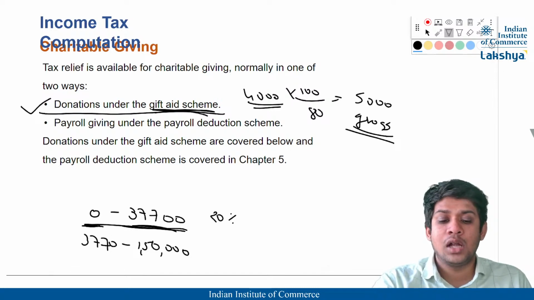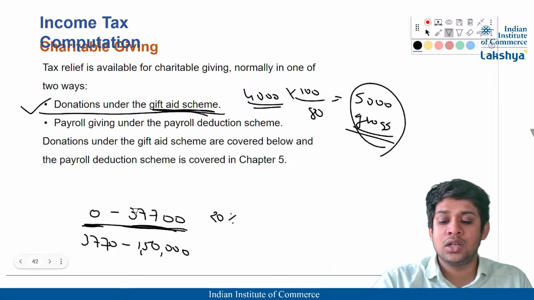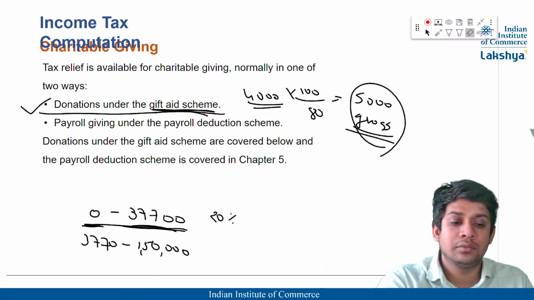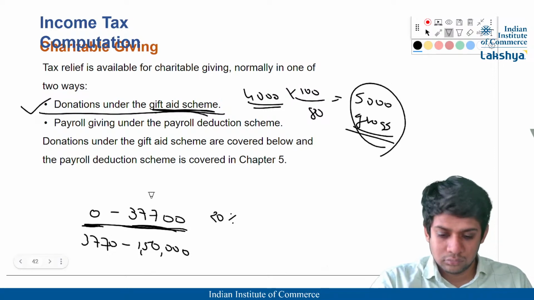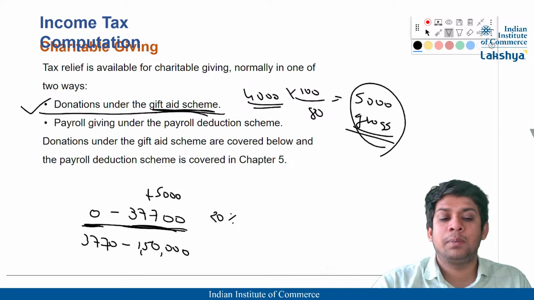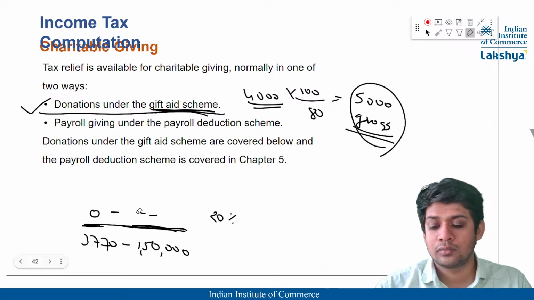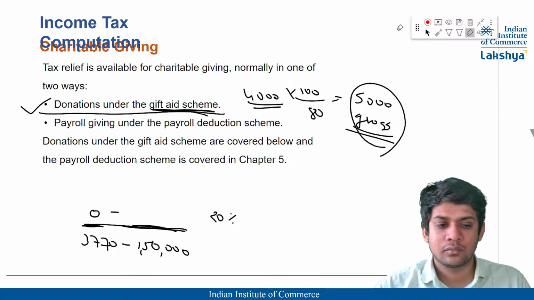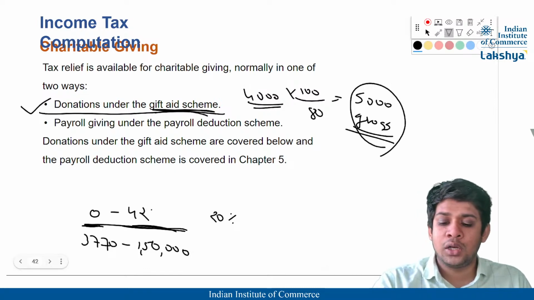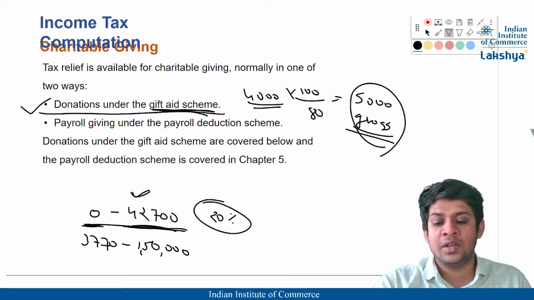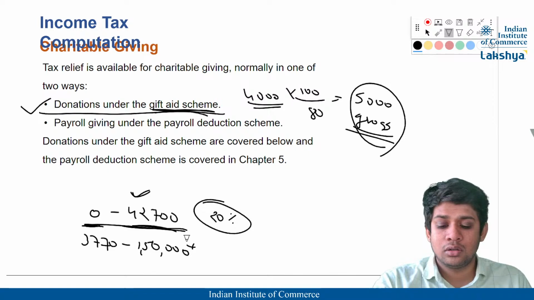But now I will extend this band by 5,000, that is my gross donation. So not till 37,700, but till 37,700 plus 5,000, which is 42,700. So till 42,700, only 20% tax will be charged. And I'll add that here also, plus 5,000.